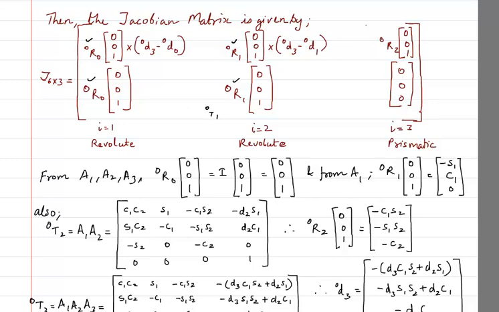Similarly 0r2, for which we have to find 0T2. And then we have 0d3, which can be found from 0T3, and similarly 0d1, for which 0T1 will be enough.